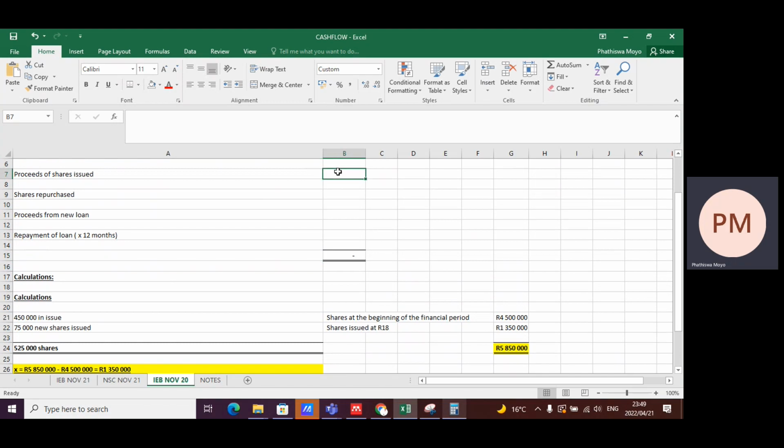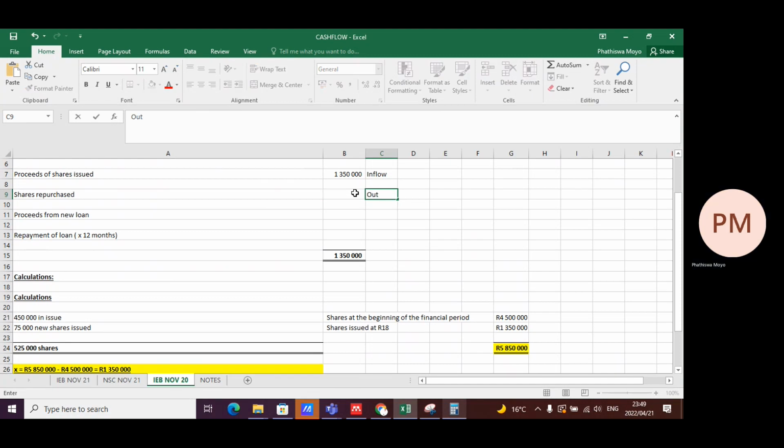So the shares issued, which is the inflow. There was no repurchase, which is the outflow.